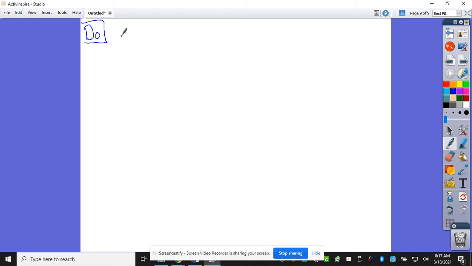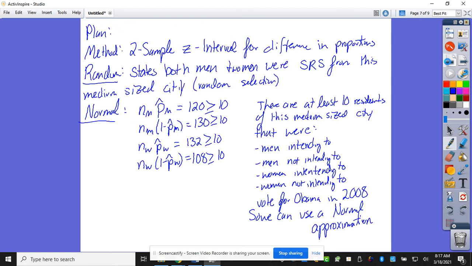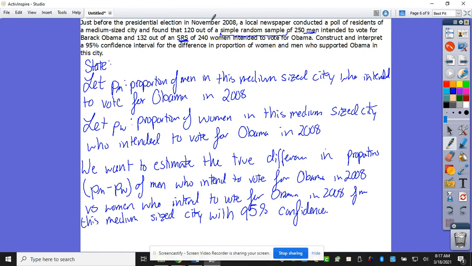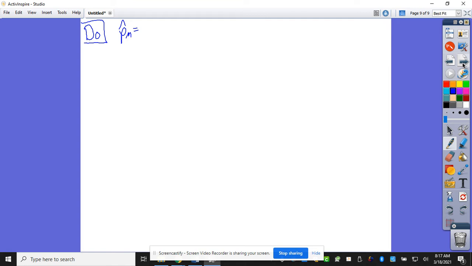So we've got that P hat M is 120 out of 250, which gives us 0.48.